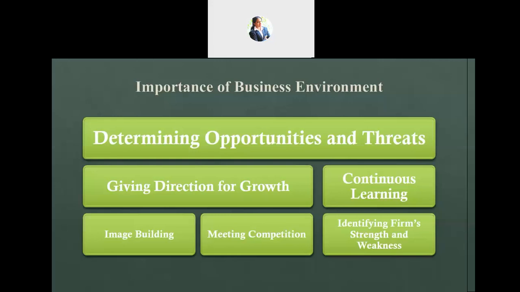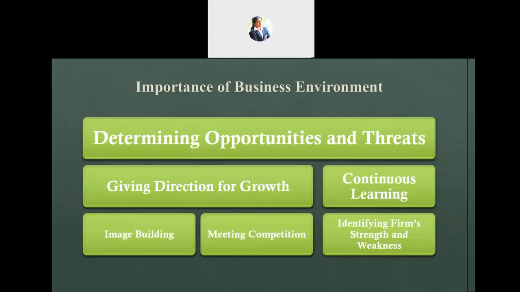Okay. Now, the next most important is meeting competition. Definitely, when you try to understand the business environment, you'll also know who your competitors are and how you can overcome the competition, or how you can be in a better position than your competitor.